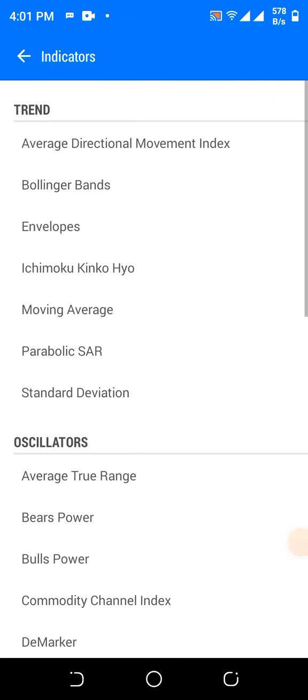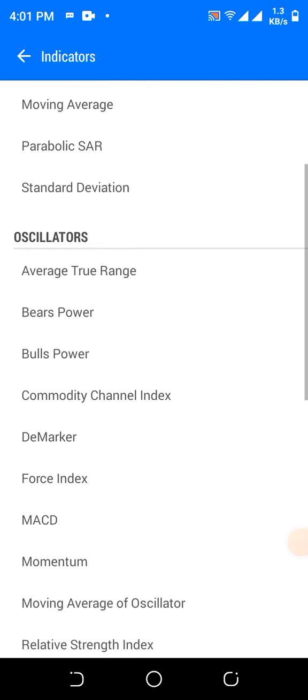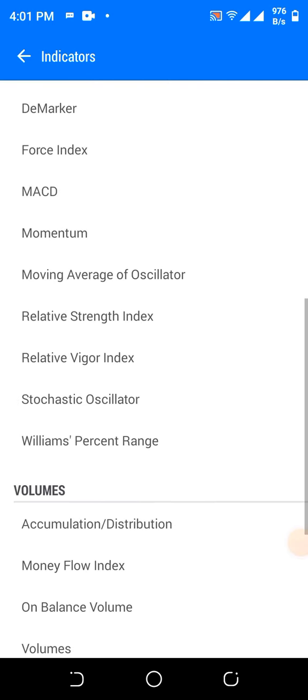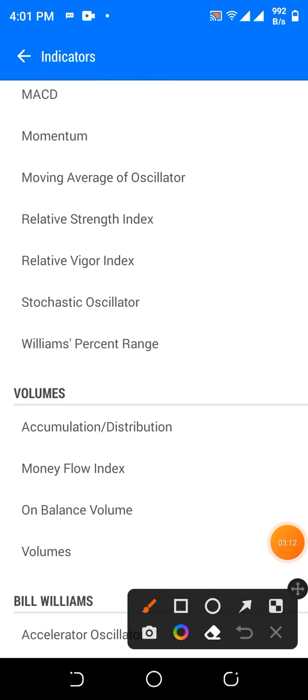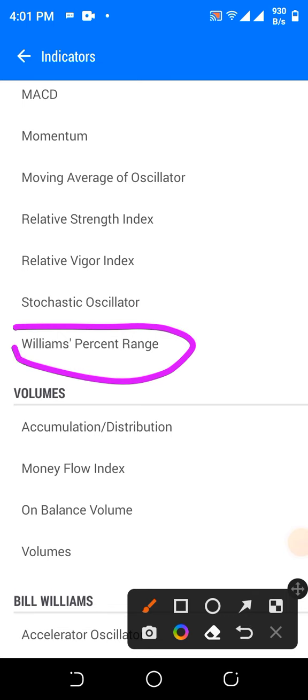So you click here. Now locate Williams percent indicator. Now here is Williams percent indicator. This is the only indicator you need to make massive profit on volatility 10.